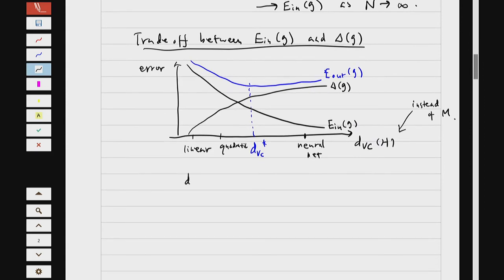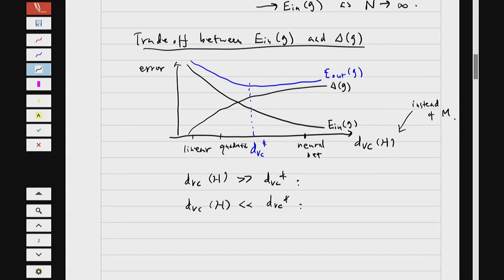So of course, if you have DVC that's much bigger than DVC star, what happens? And if you use a model that's much less than the optimal DVC star, what does it mean? If you choose a model H that is much, we have a name for that.